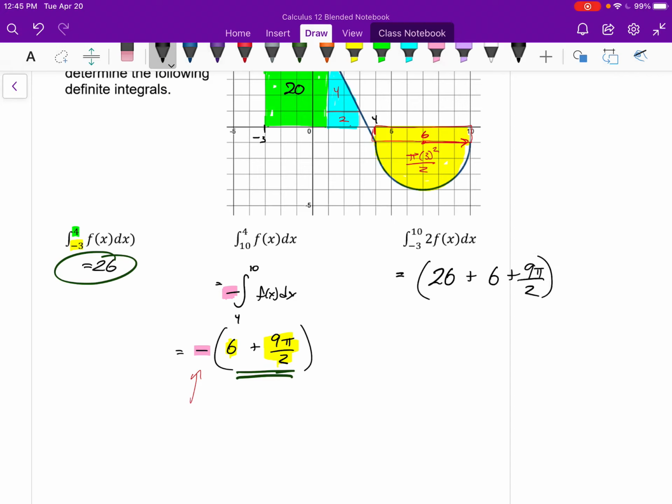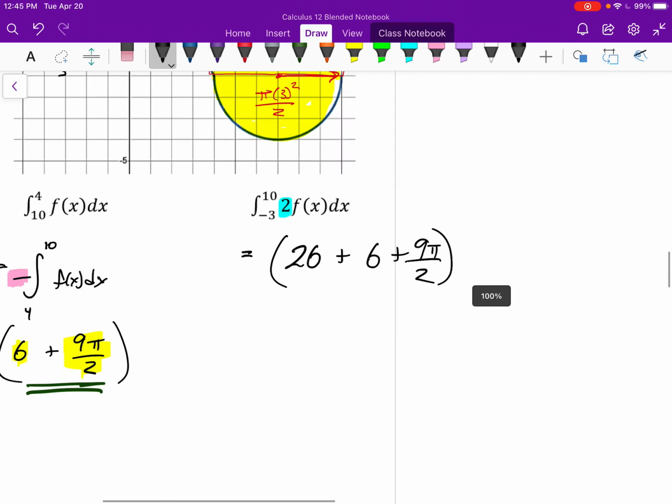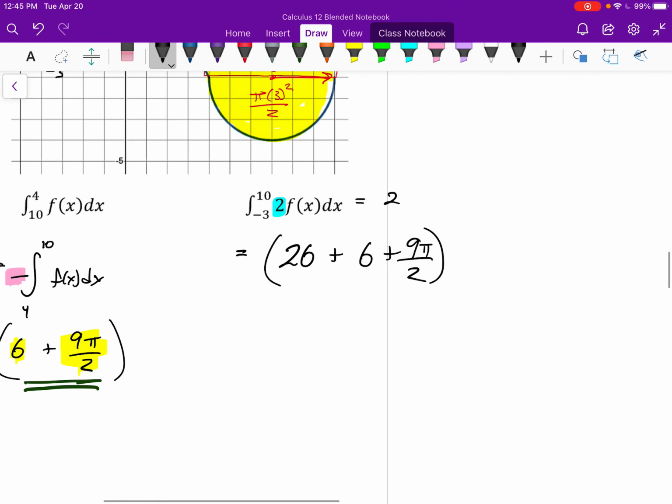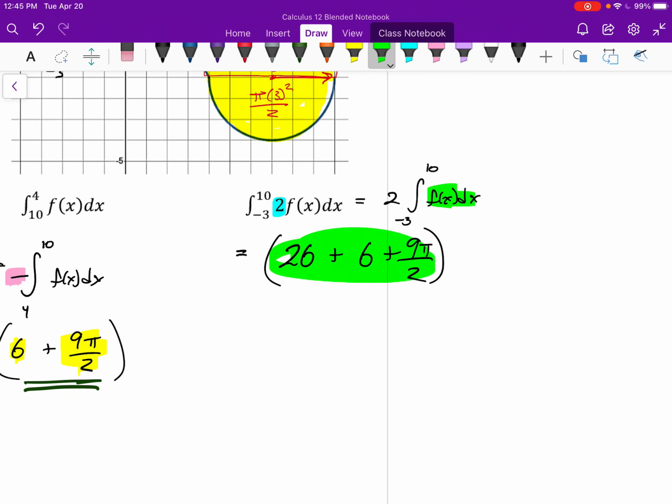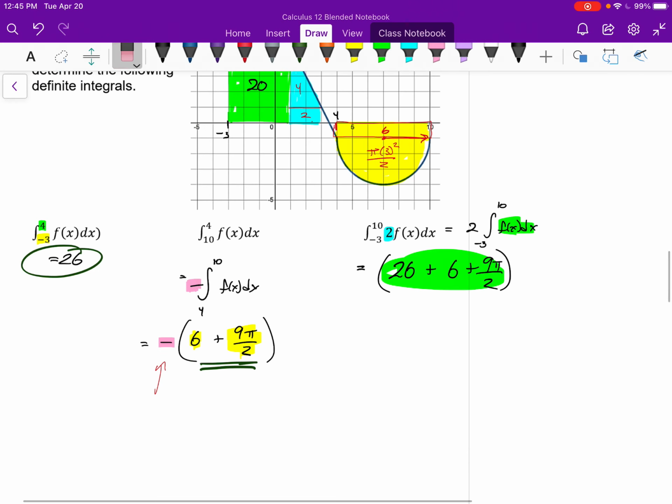However, all of that right there is me forgetting about there's a 2 right there. And so that said, that's easy for me to take care of. I can just think of this exact same question I gave you as 2 times the integral from -3 to 10 times f of x dx. And so this right here is all of this, just those previous 2 areas put together, all times by 2.